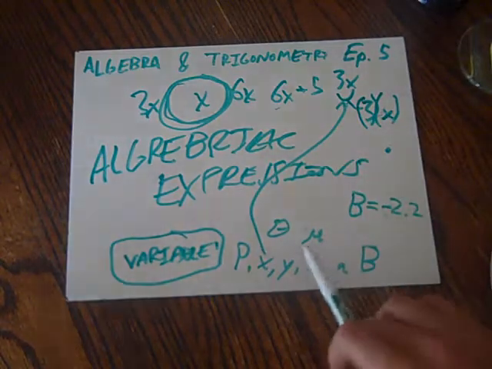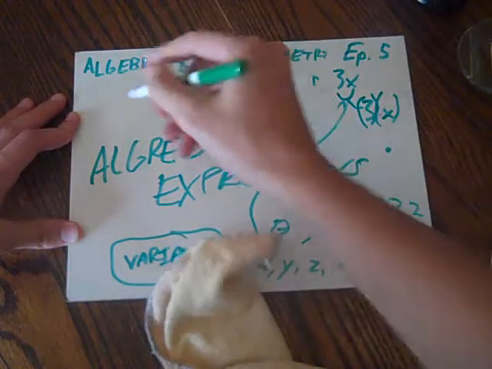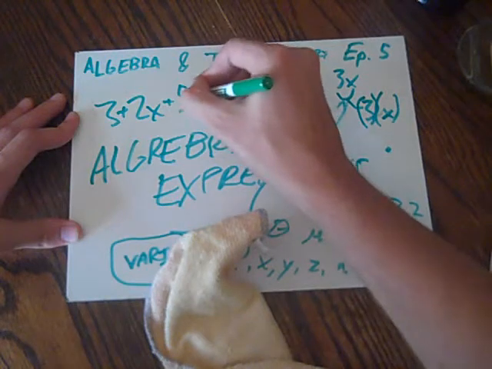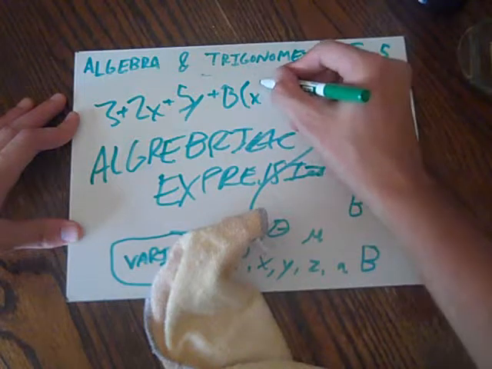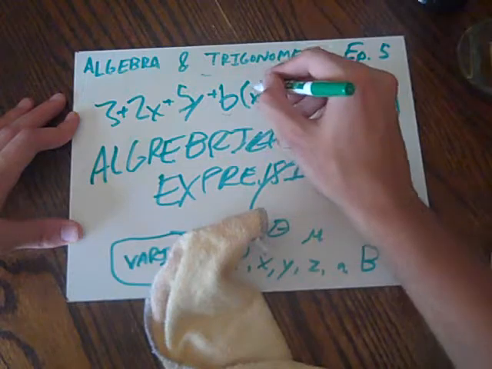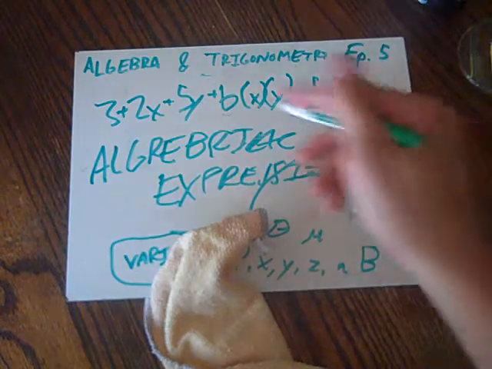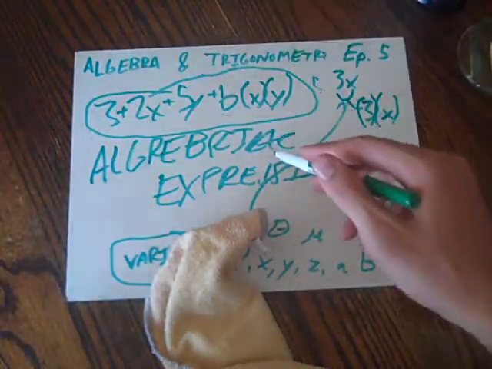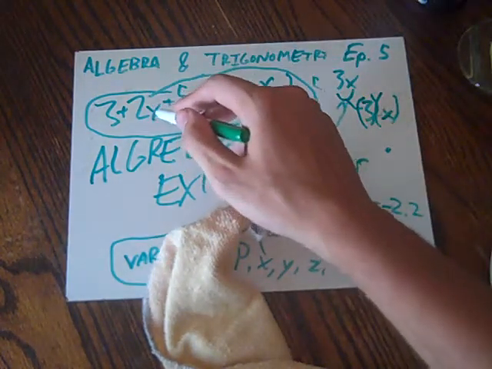Your algebraic expression could be something as complex as 3 plus 2x plus 5y plus b times x times y, with a lowercase b. Basically, all of that could be an algebraic expression, as long as it doesn't have an equal sign, and as long as it has at least one variable in there.